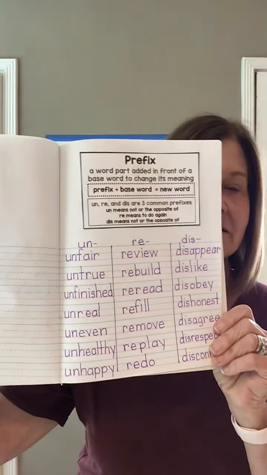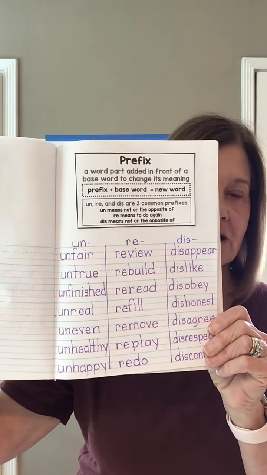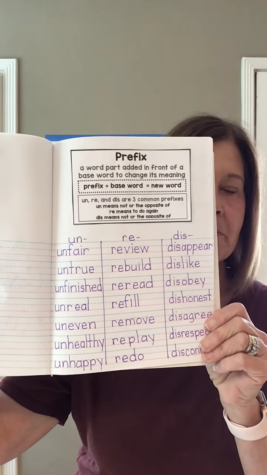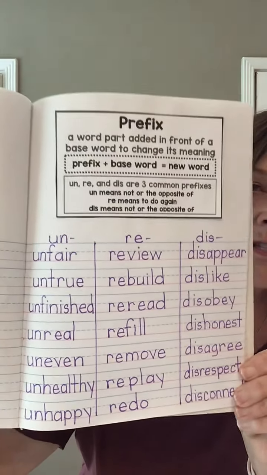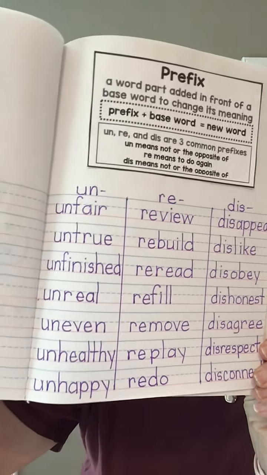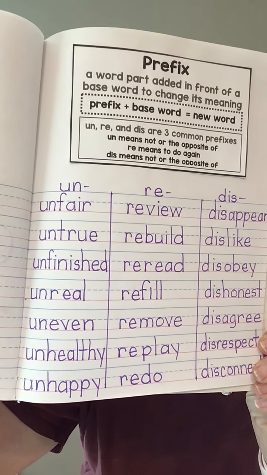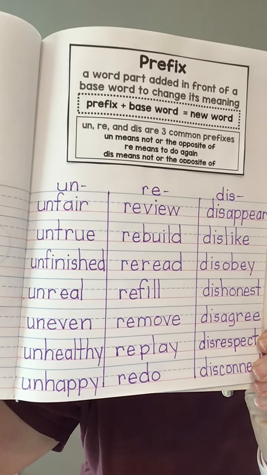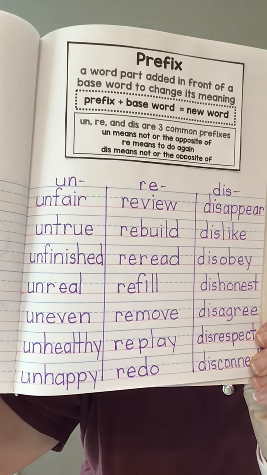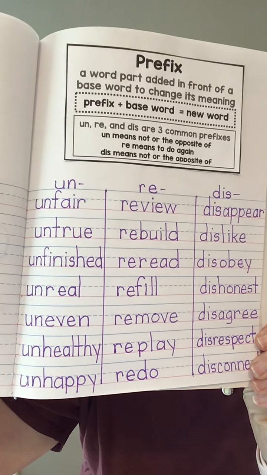Glue it in and then divide your page into thirds, 3 parts. On those pages, you're going to make headers that say un, re, dis. And then your words will be right under them.